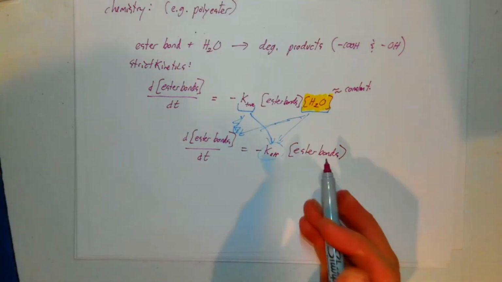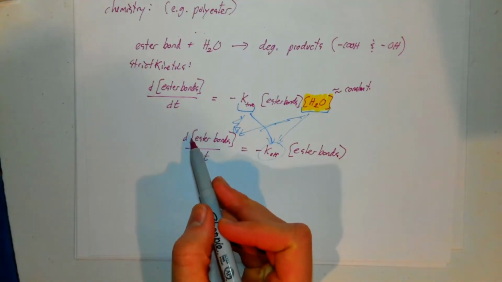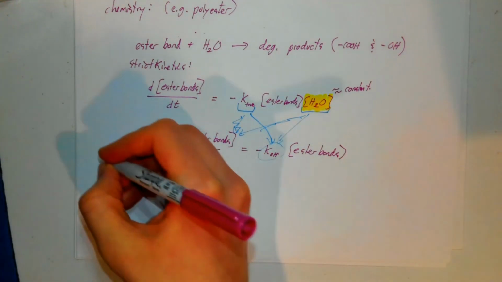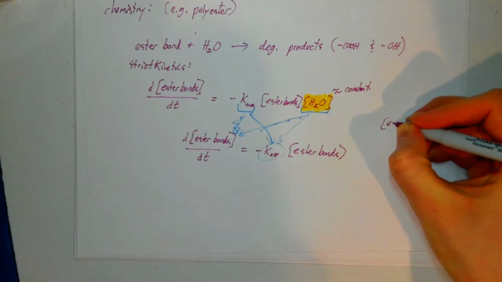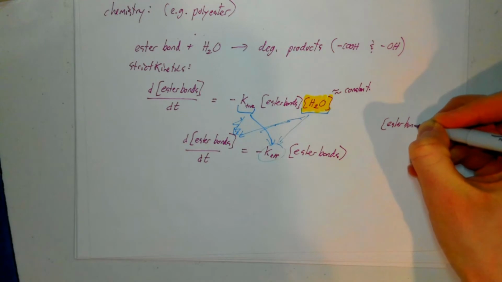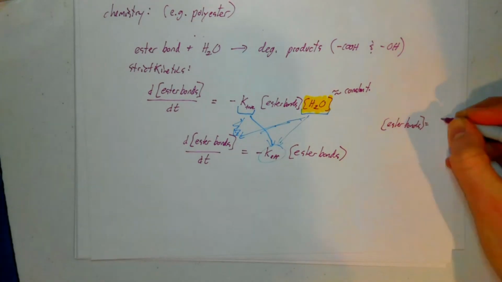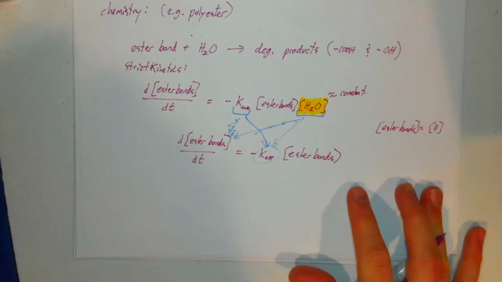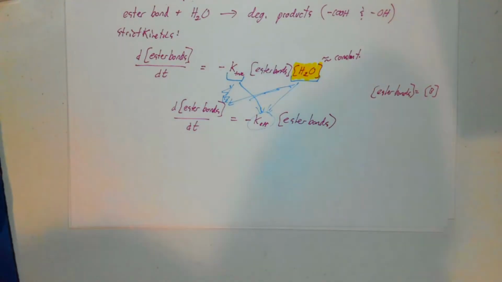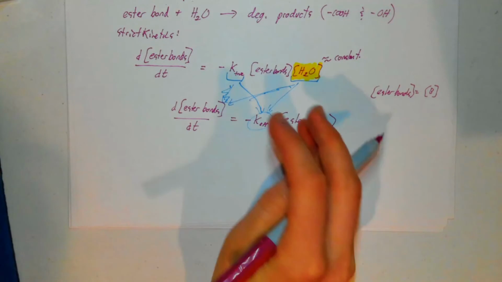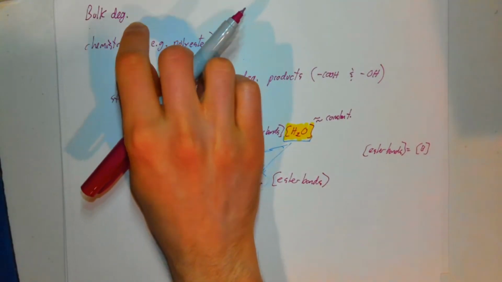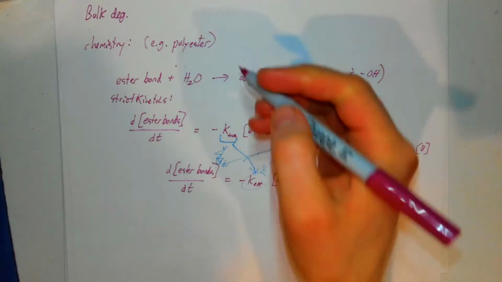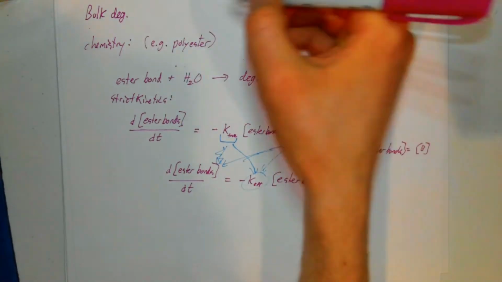Now, for the remainder of the lecture, I don't feel like writing concentration of ester bonds in brackets right here, so I'm just going to call this the concentration of B. That's what I'm going to use to abbreviate this. So what's the deal here? For bulk degradation, any of these bonds within the material could degrade at any one point.